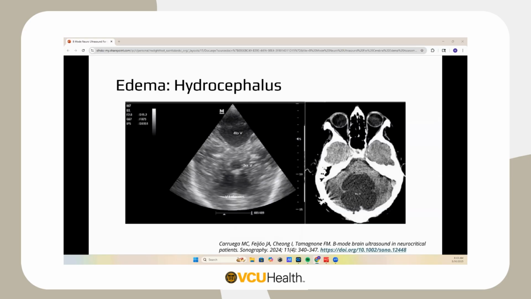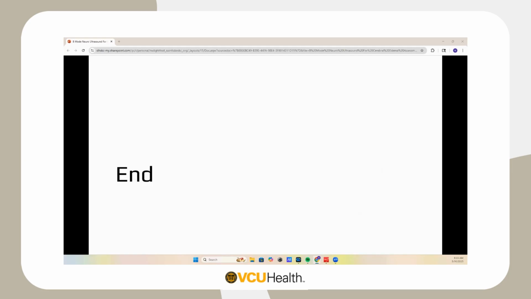Clearly this is an enlarged fourth ventricle, and you can see the corresponding enlarged fourth ventricle here on the ultrasound, an enlarged third ventricle there, as well as dilated frontal horns of the lateral ventricle.